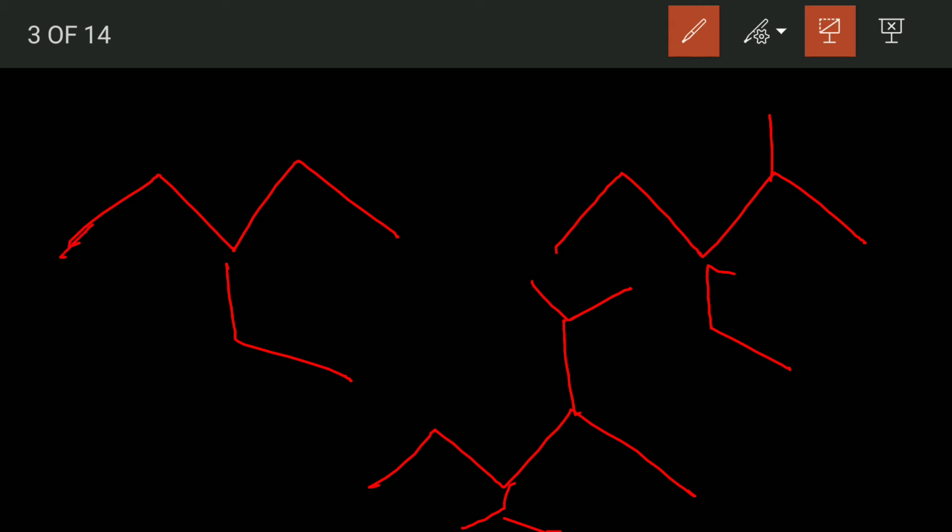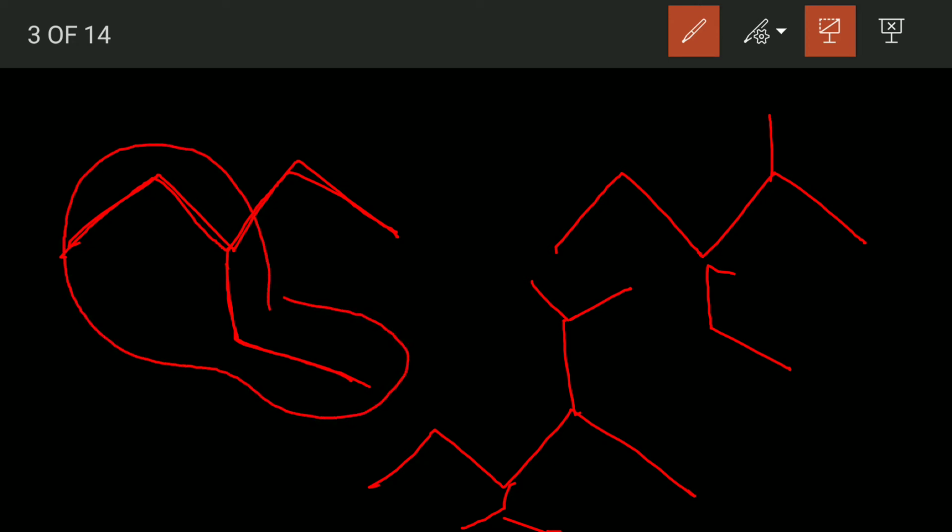Is it this, or this? The lengths of the chains in both the cases are the same, so you can take any chain.